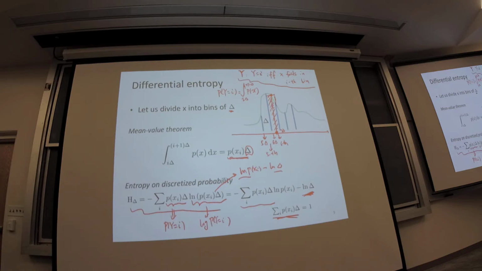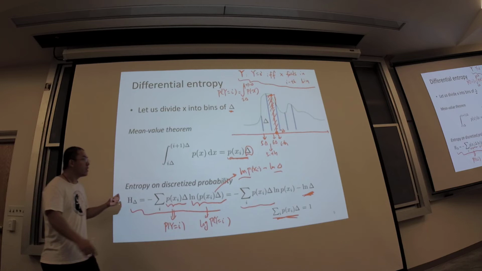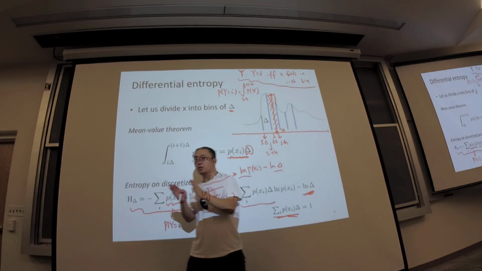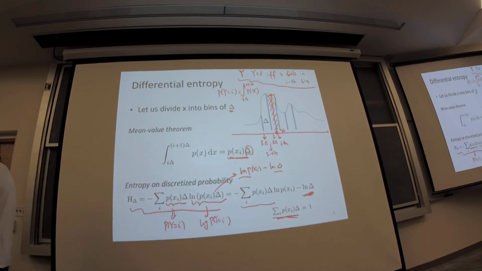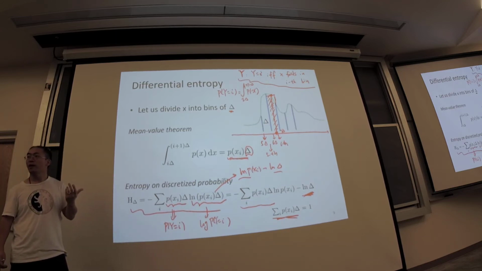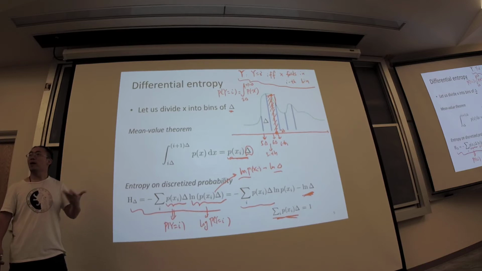And now we can try to shrink the size of the bin. If you shrink the bin to be narrower and narrower until it approaches 0, what happens? You can consider the limit of this summation as the entropy for the continuous random variable. This is from calculus, so let's refresh our minds with basic calculus.